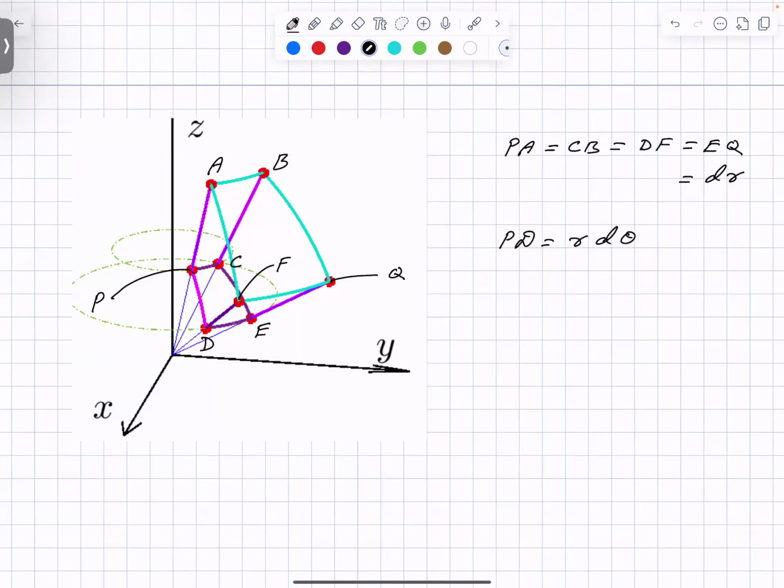Now consider this one. Either AB or FQ, or we could consider DE, PC as well. So 4 different ones. So how do we get the length of that arc?